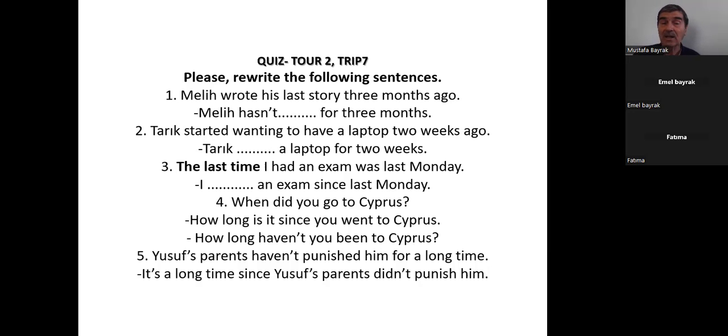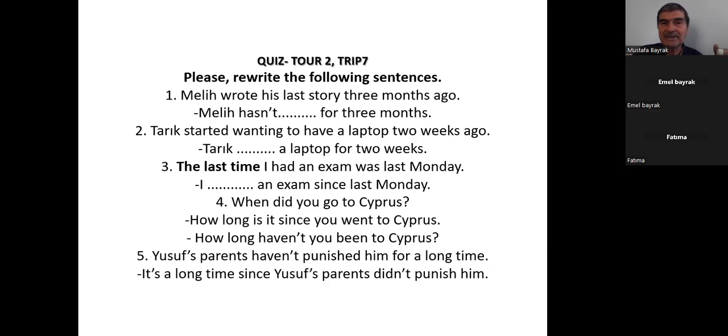But as a gerund, we can use wanting; to want is an infinitive. For example, Tarık wanted to want, it's also possible. Okay. Tarık started wanting to have a laptop 2 weeks ago.